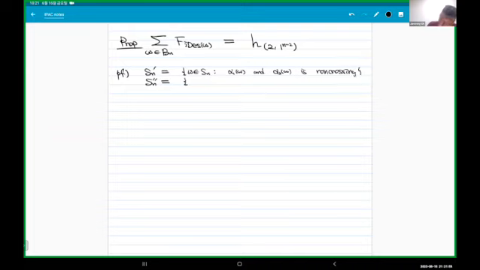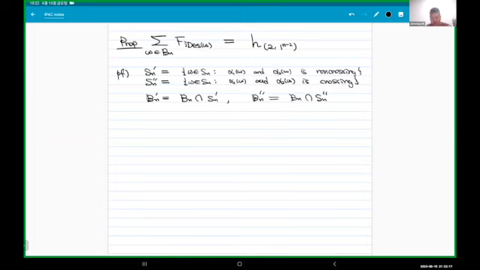And for the second one, the first two arcs are crossing, okay? And define Bn prime as Bn intersection with Sn prime, and Bn double prime as Bn intersection with Sn double prime. So we partition our Butler permutations into two sets.